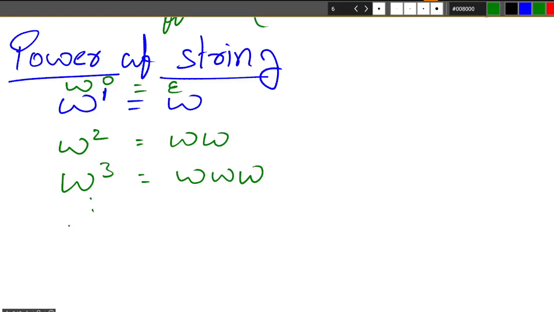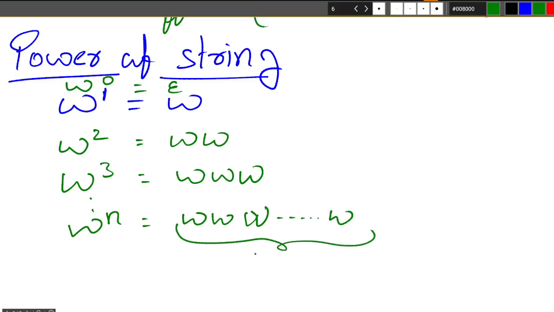Similarly, if the power is n, what does it mean? w, w, w concatenated how many times? n times. Okay. Suppose, for example, w is equal to ab. So w to the power 2, what does it mean?